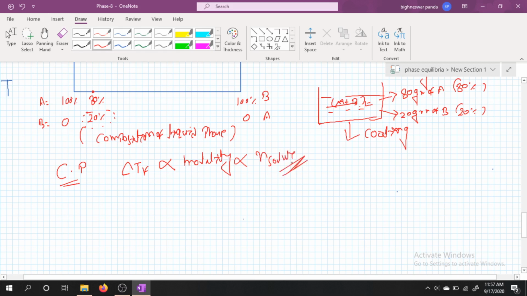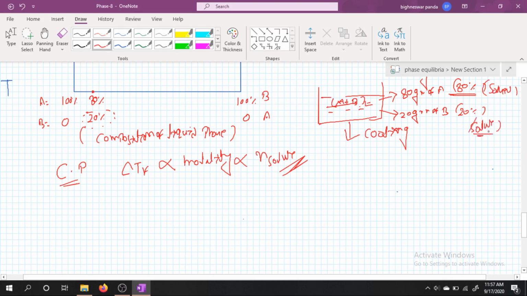More is the solute in the solution phase, there is a greater depression in freezing point. So since we are considering this A plus B liquid phase, 80 gram of A means 80%, it is our solvent. So A is our solvent and B is our solute.